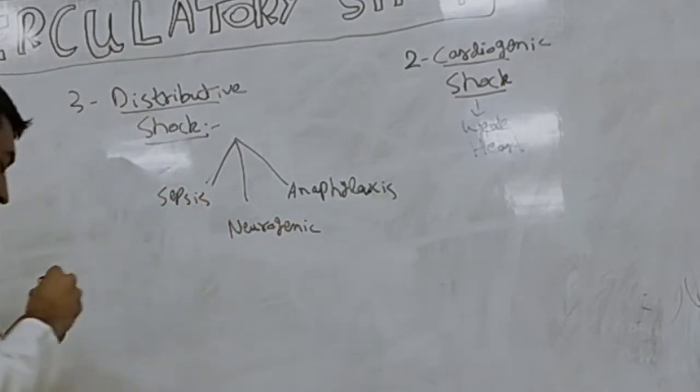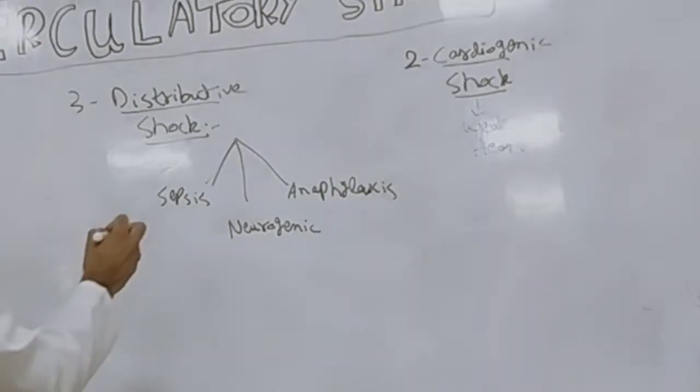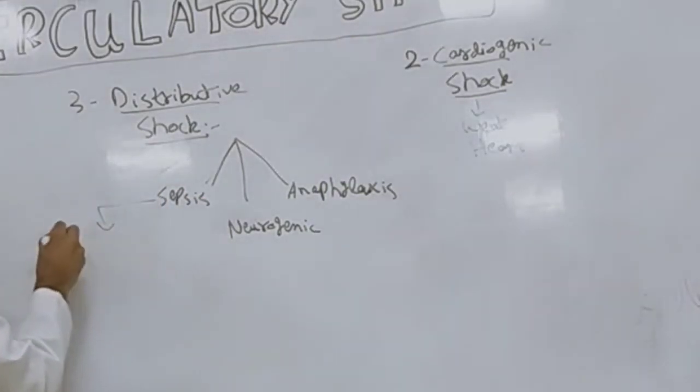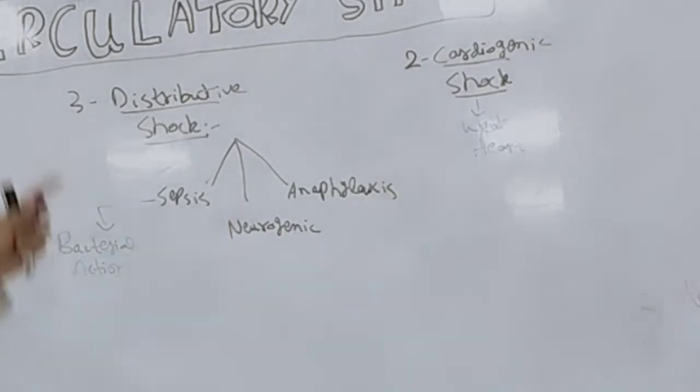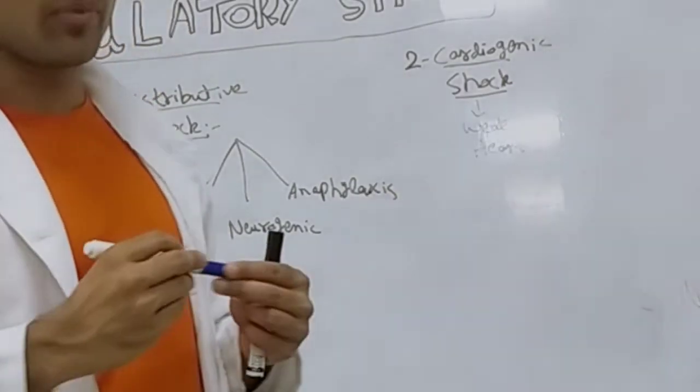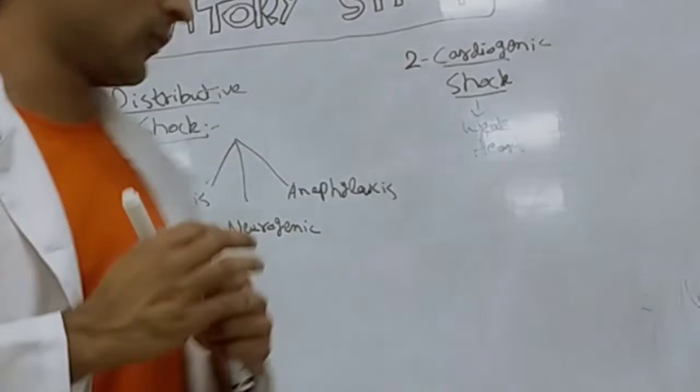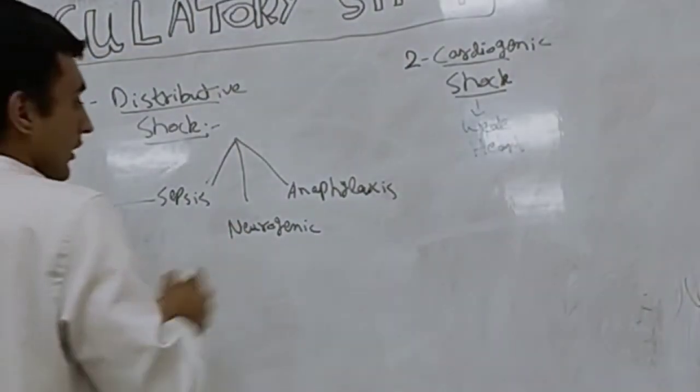So in sepsis, what happens? In sepsis, due to the bacterial action in the blood vessels, vasodilation occurs. This vasodilation can lead to the circulatory shock, thereby decreasing the blood volume. And then we have the anaphylaxis.